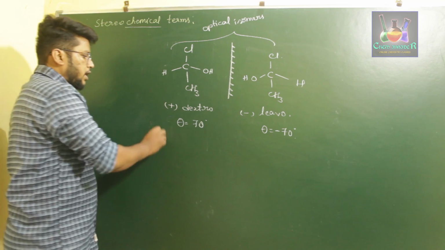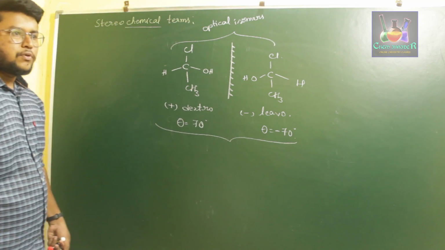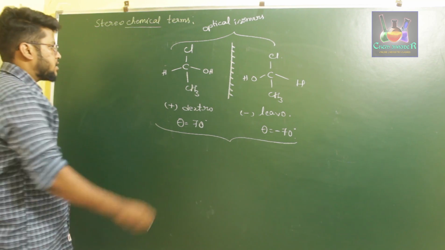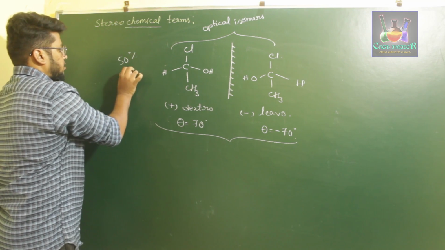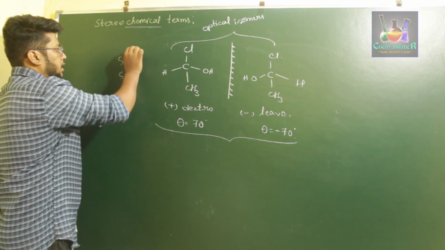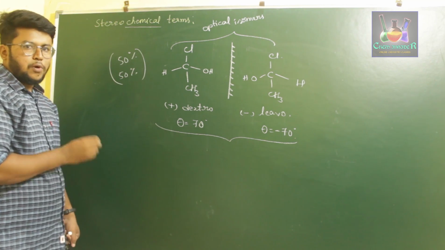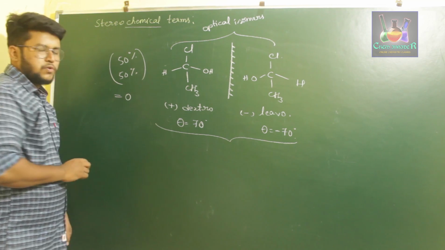So if you take these two isomers in equal concentration, let's say 50% dextrorotatory and 50% levorotatory compound, and combine those two and check the optical rotation, the optical rotation will be equal to 0.